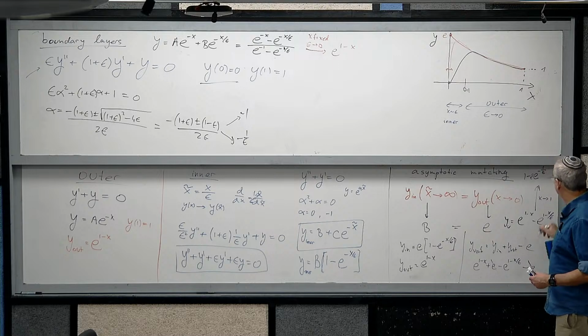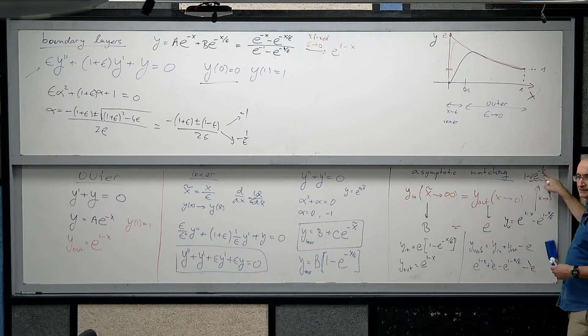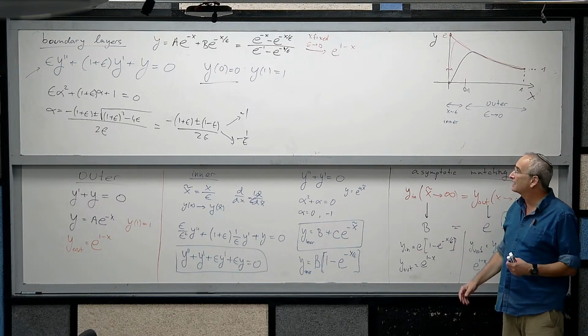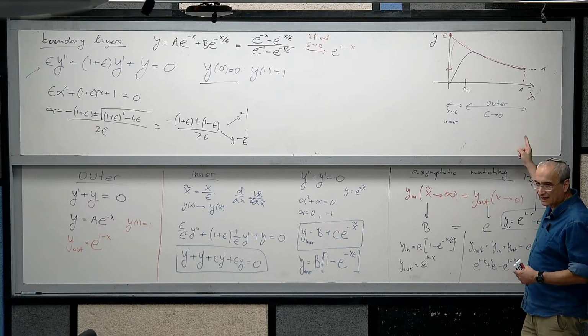But this is very small when epsilon goes to 0; it is exponentially small. So the uniform approximation does not satisfy exactly the outer boundary condition, but it's very close.